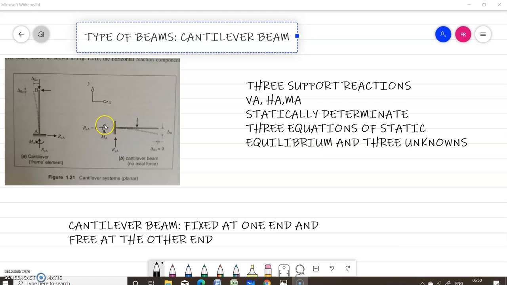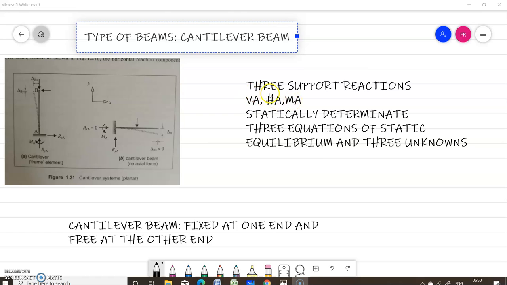So there will be three reactions against the three restraints. So if there is no horizontal load or no inclined load, this horizontal component of the reaction will be 0. Okay, so here in the cantilever beam there are three support reactions: reaction in the vertical direction, reaction in the horizontal direction, and a moment.